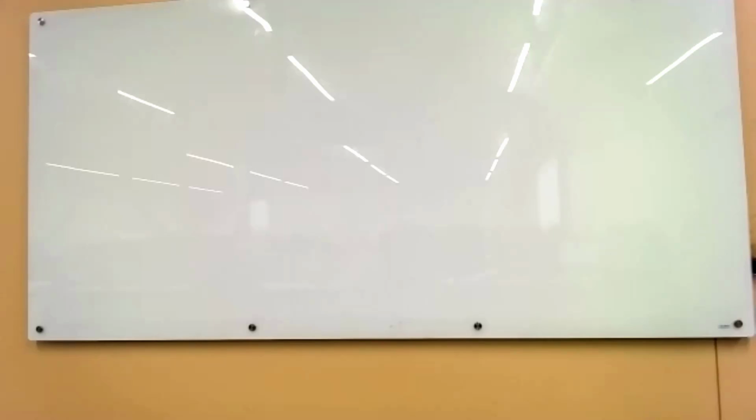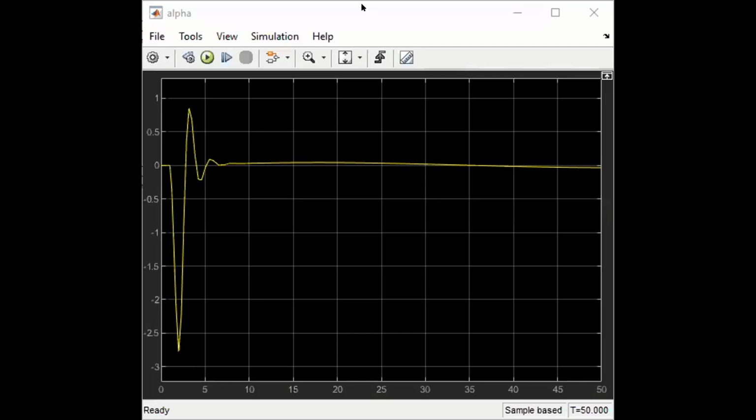Now let me share the screen that shows the angle of attack. So this is the angle of attack response. When the elevator kicks in, we get a spike down, a spike up, and that's the oscillation. And so what you're seeing here is the short period mode, that high frequency mode that we talked about last time.